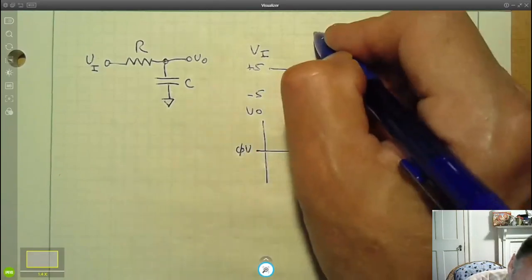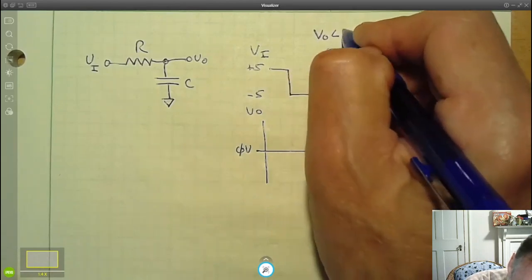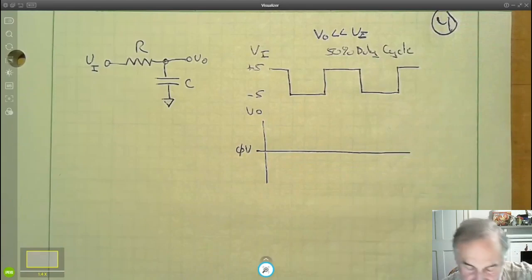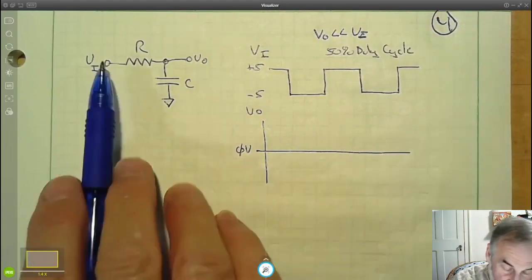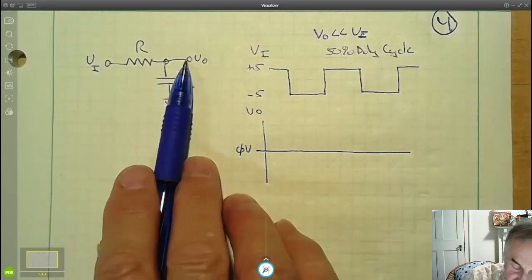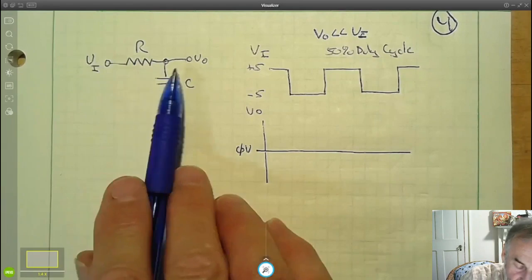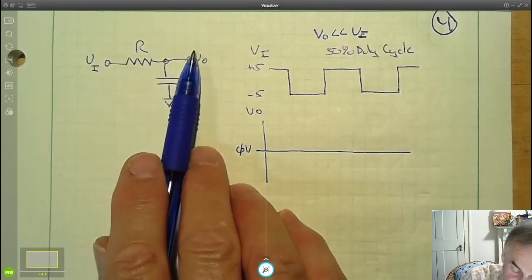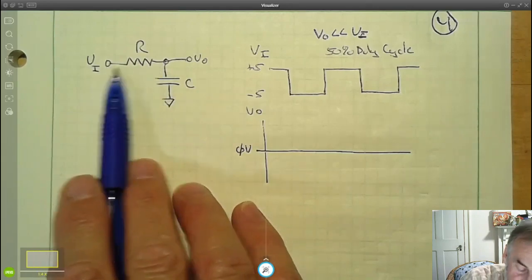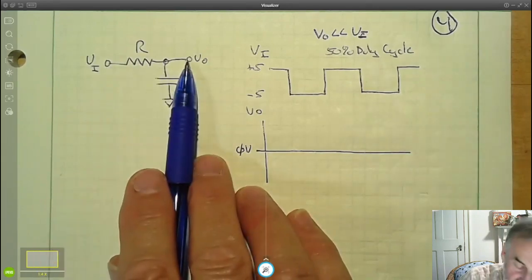And we're going to assume that V out is much, much less than V in, just like we did last time. Well, we know that the current flowing into the capacitor when V in is positive makes V out go higher, dV dt is positive. And when V in is negative, current will flow out and dV dt will be negative.